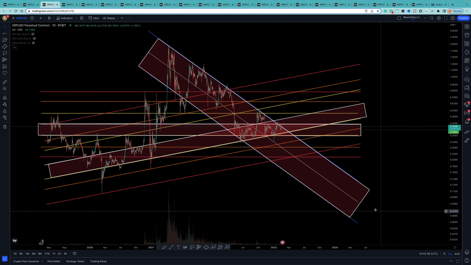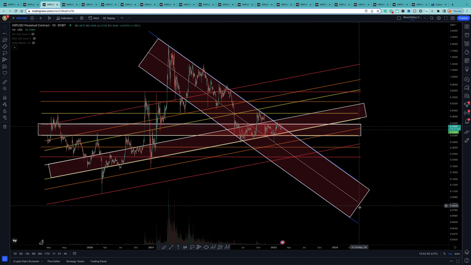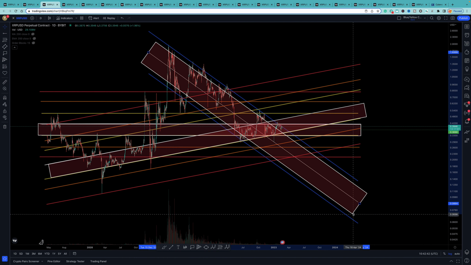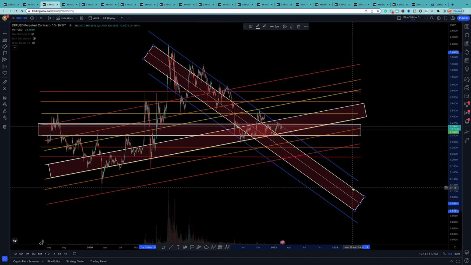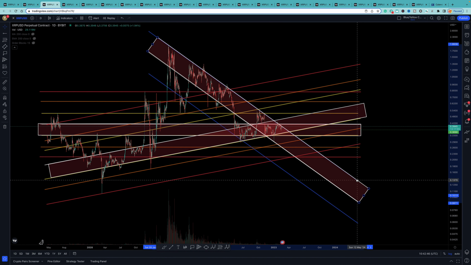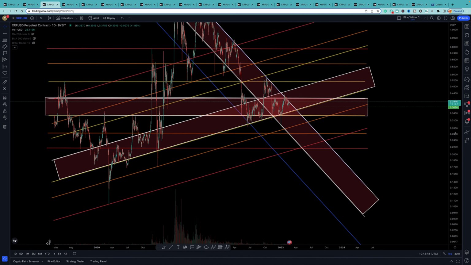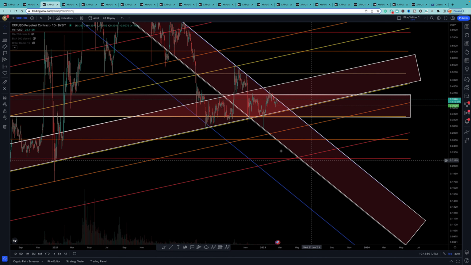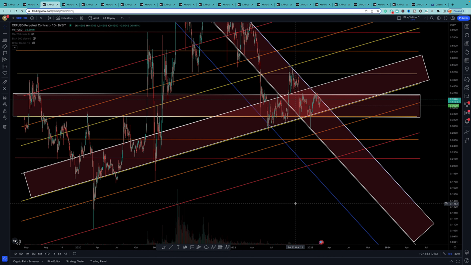But you can see the point I'm still making here is that we haven't left. If you look at where the three areas converge, we haven't left this zone.